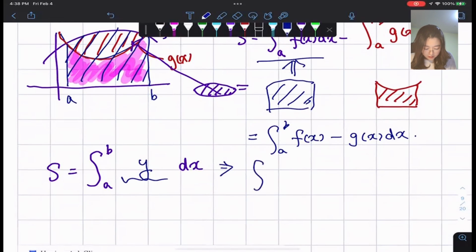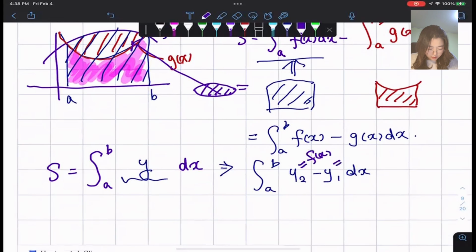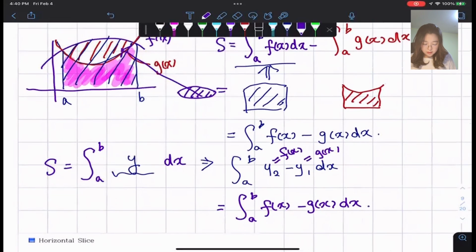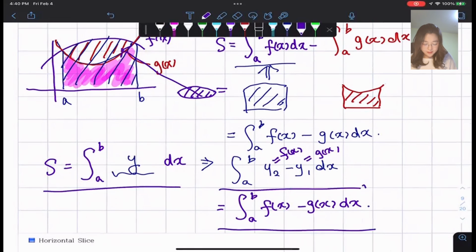Yeah, integral a to b of y2 minus y1 dx. In the exact assumption, this is f(x), this is g(x). So I can rewrite: integral from a to b of f(x) minus g(x) dx. Okay. Usually, you will utilize this form. Yeah. Okay.